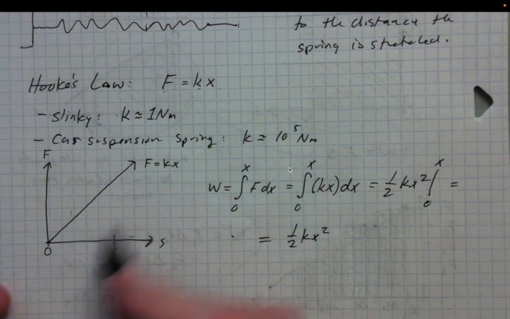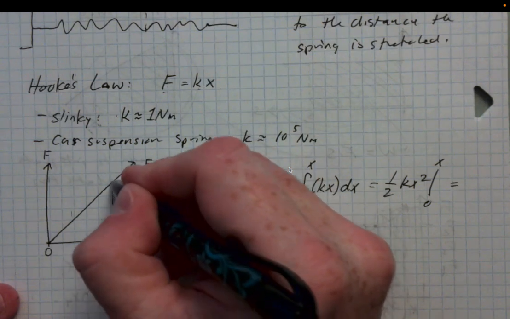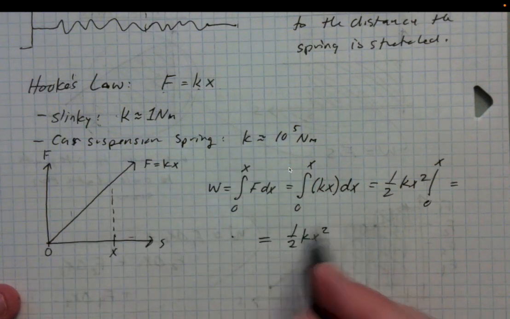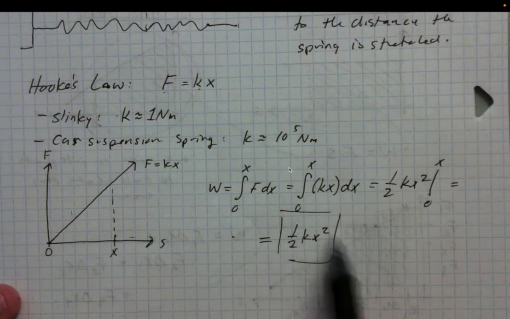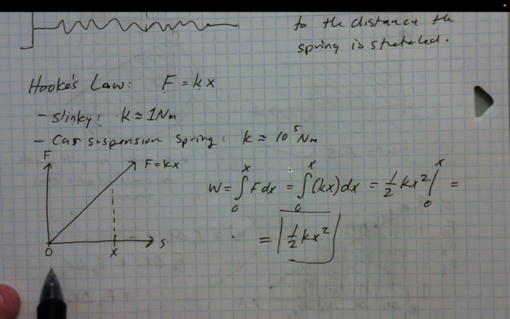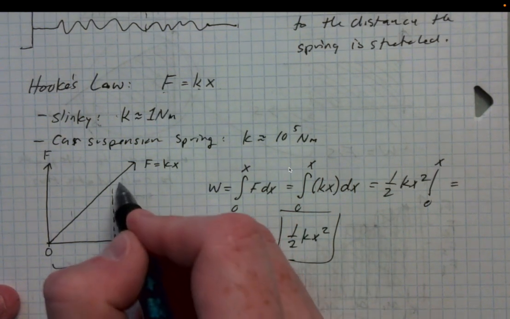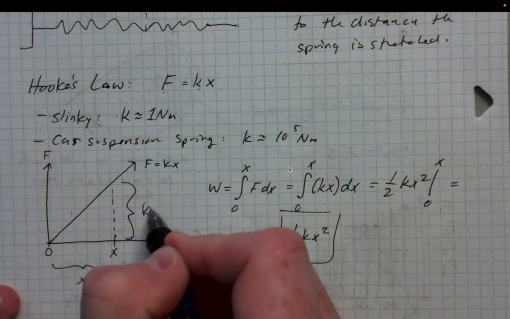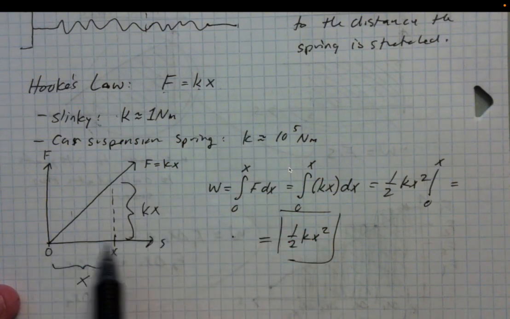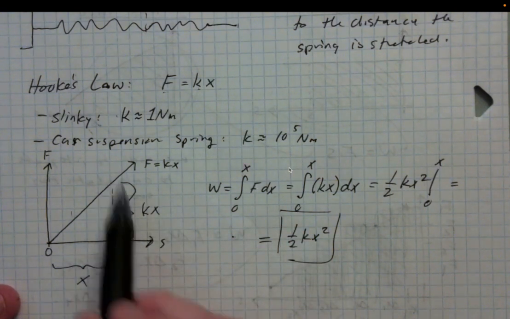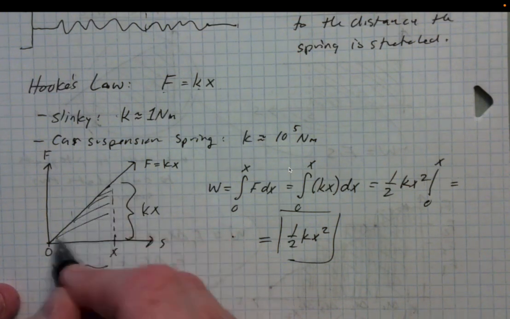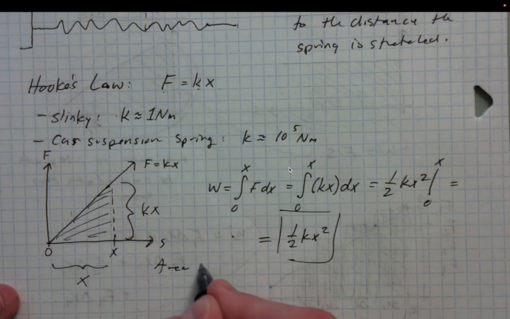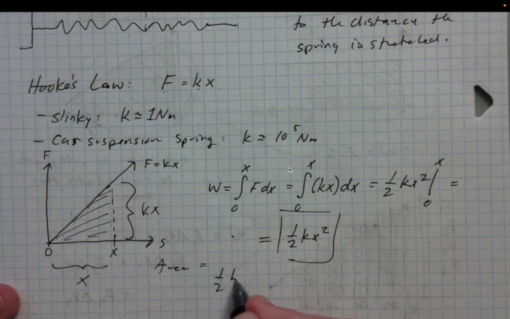If we look at this visual, we can easily see that this area, remember we said that work is the area of a plot like this, is in fact 1/2 kx squared. This leg here is x. What's this up here? Well, it's k times x, whatever x happens to be. So the area of a triangle is 1/2 base times height.